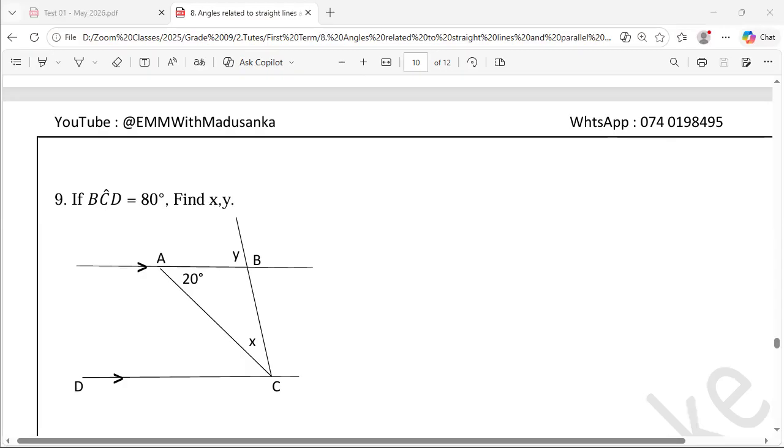The triangle inside the triangle, you are mentioning it. Other than that, I am not seeing anything. Find the value of x and y. Very easy.